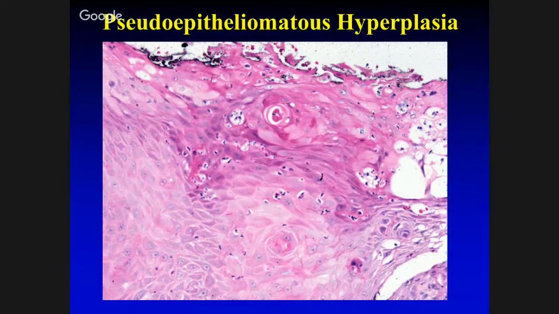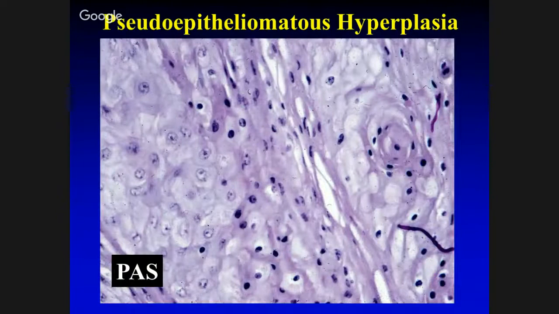You might see it by light microscopy, you might need a GMS or a PAS, but when you see the fungus in the depth of the epithelium, like right here, that's fungal infestation. And fungal, it's not common, but it can engender a reactive proliferation that clinically and morphologically can simulate squamous cancer.